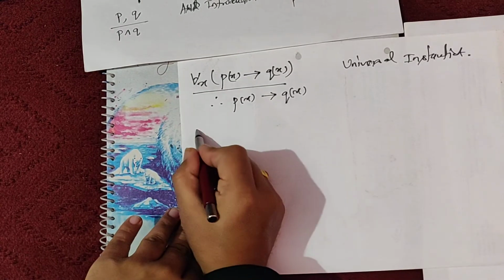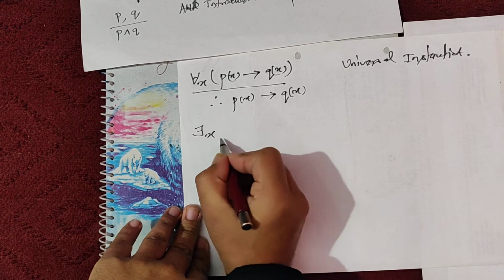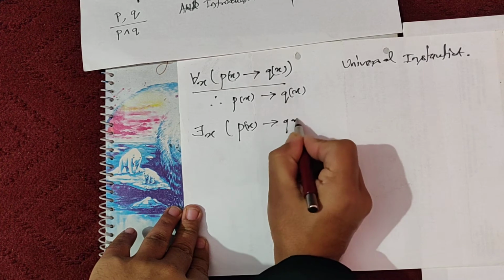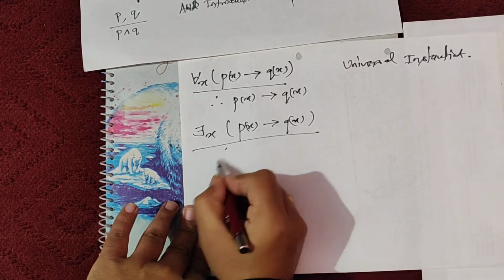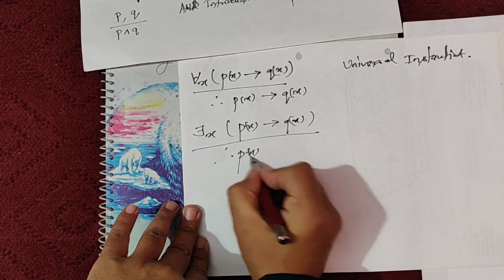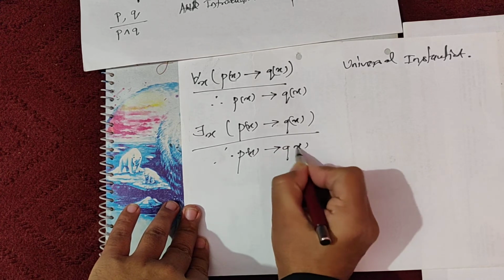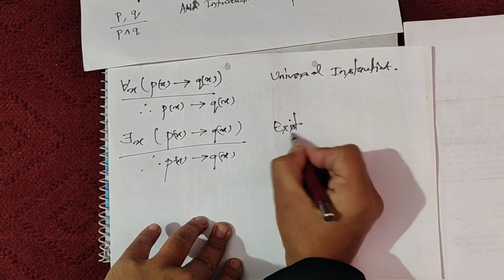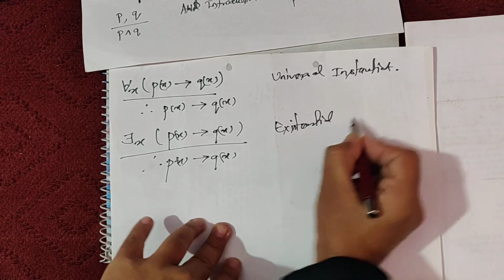And next one is, there exists x, P(x) and Q(x), then it can be written as P(x) and Q(x). This is known as existential instantiation.